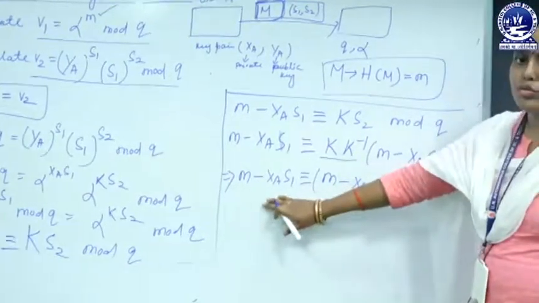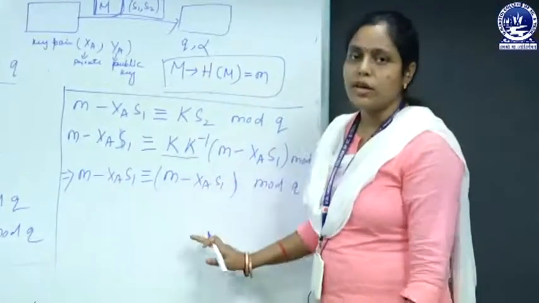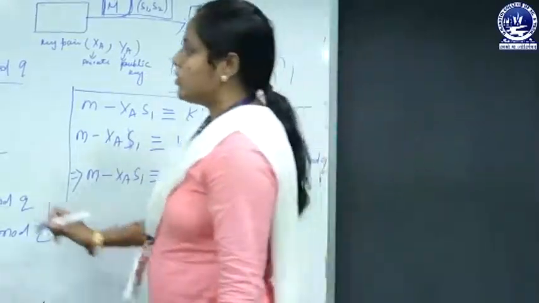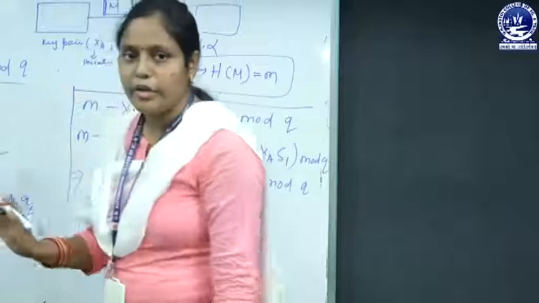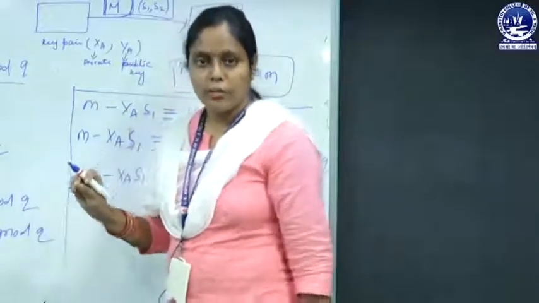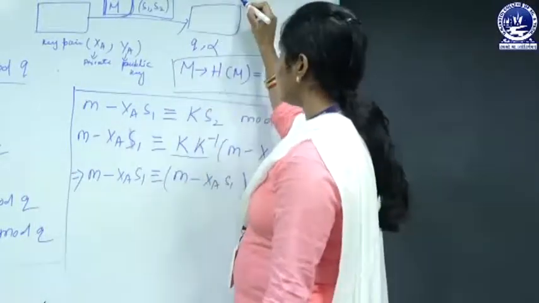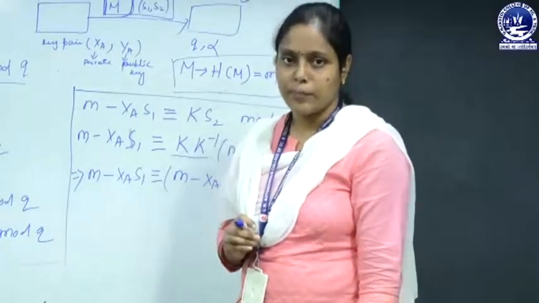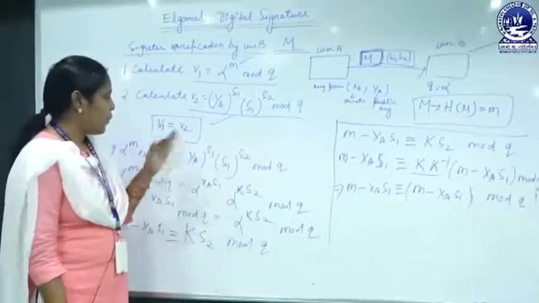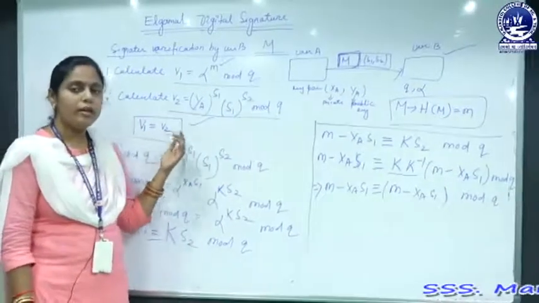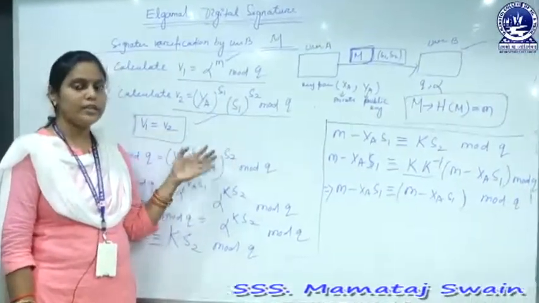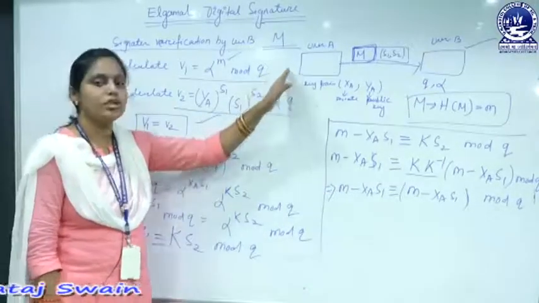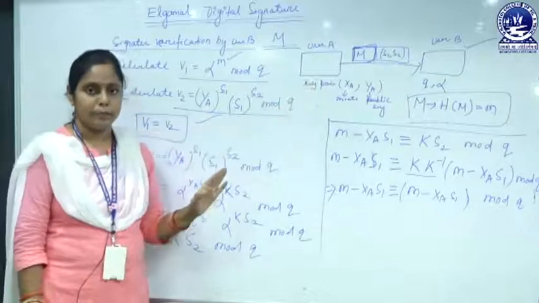Now look at these two values, the right hand value and the left hand value. Both values are equal, which means V1 is equal to V2. When V1 is equal to V2, the user B verifies that the signature is a valid signature, which proves that the signature sent by the user A is valid.